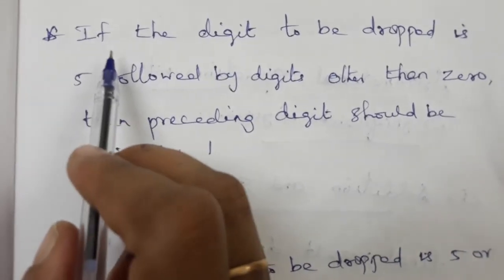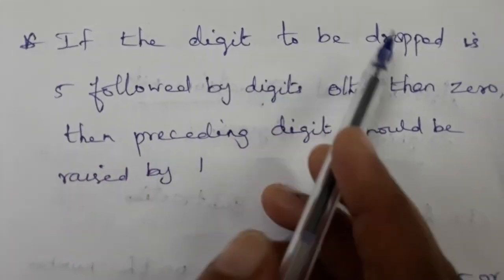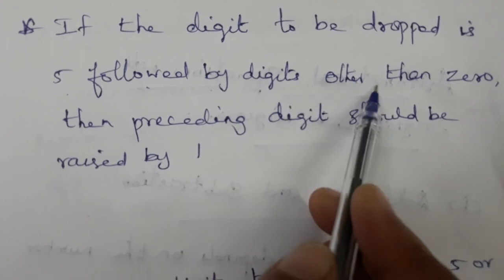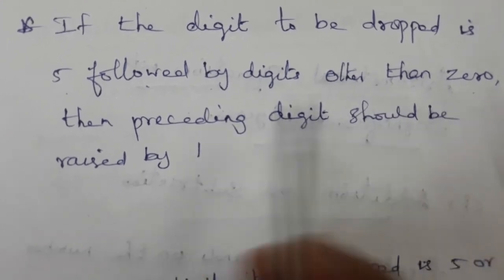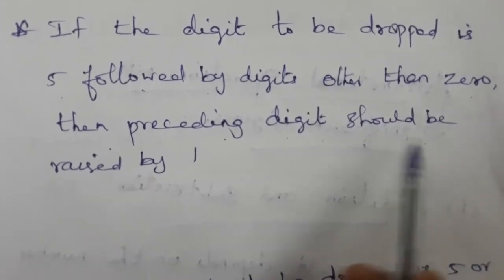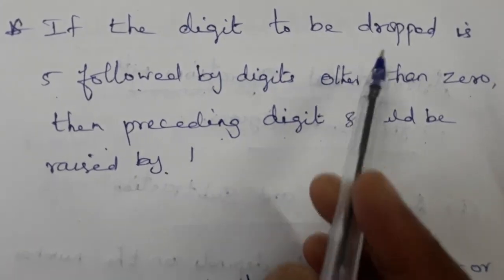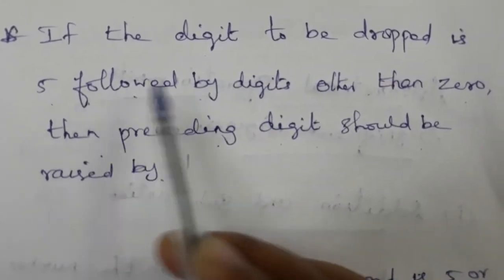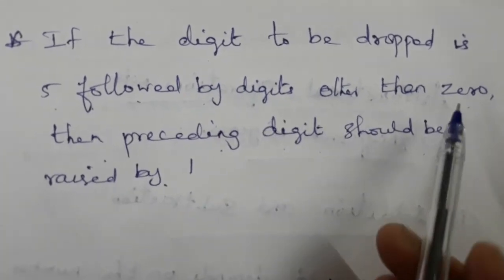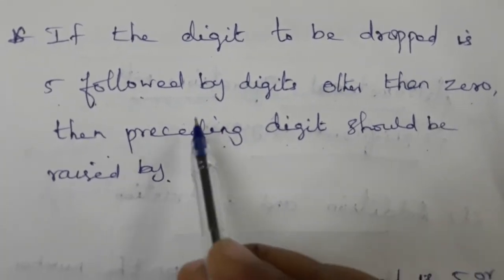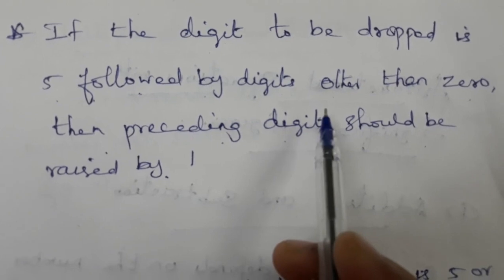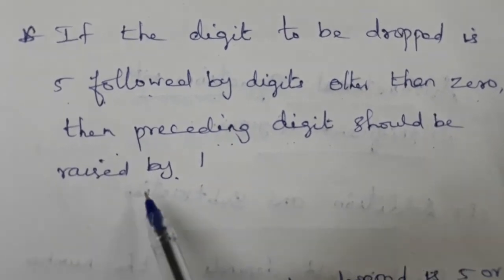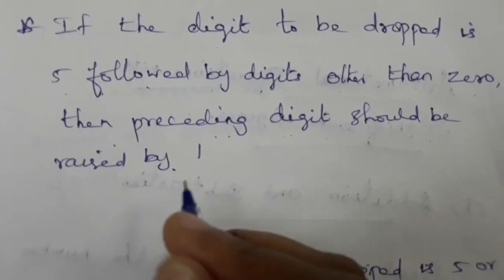The next rule is, if the digit to be dropped is 5 followed by digits other than 0, then the preceding digit should be raised by 1. For example, 7.352 rounded off to the first decimal becomes 7.4. The digit to be dropped is 5 followed by digits other than 0.